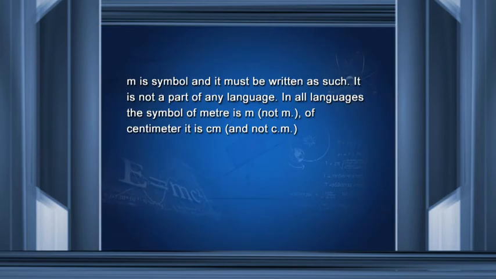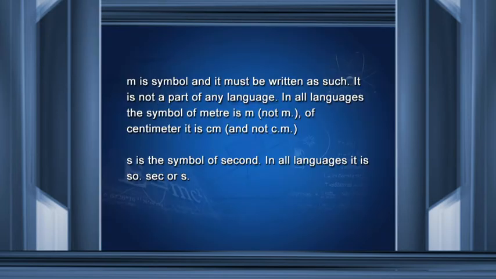In fact, in all languages the symbol of meter is m, not even m dot, and the symbol of centimeter is cm and not c dot m dot. Similarly, small s is the symbol of second. In all languages it is so. sec or s dot are wrong, they are not acceptable.